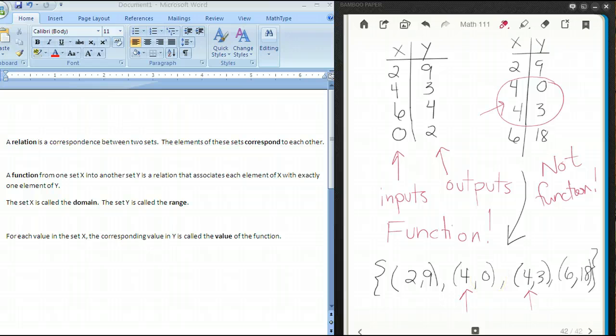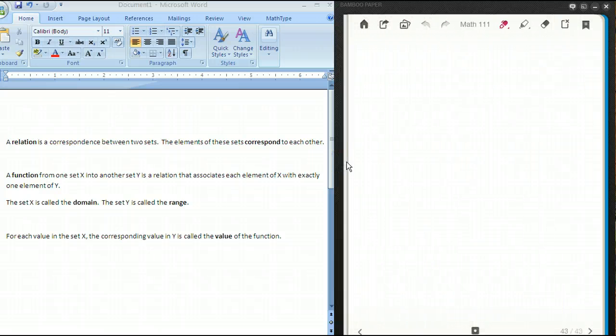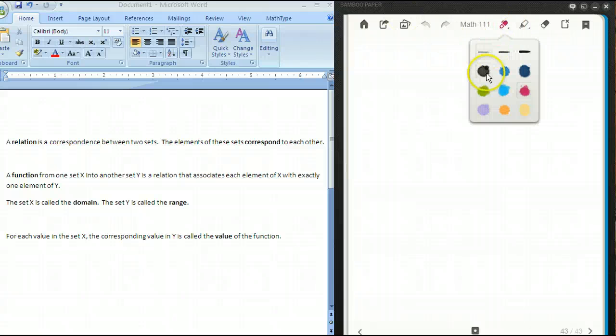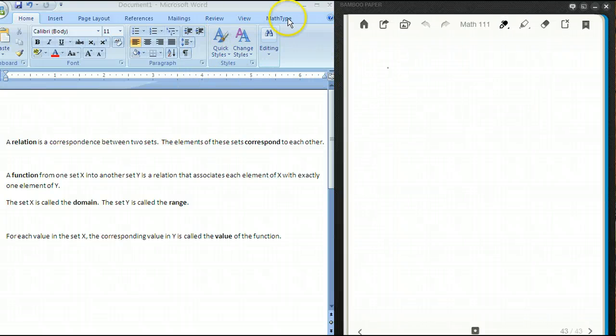Okay, great. Let's consider an example, just to see exactly how this is working. I'll choose black. So let's determine if a relation does in fact represent a function.